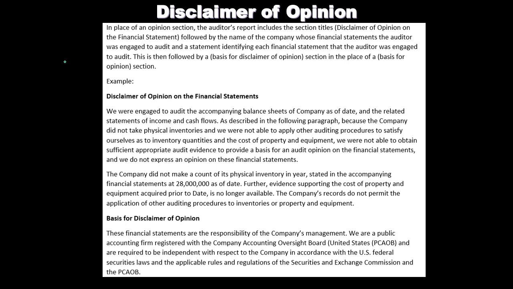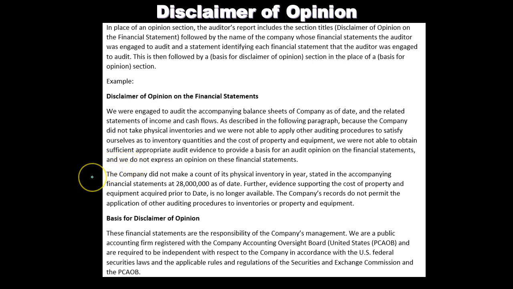As described in the following paragraph, because the company did not take physical inventory and we were not able to apply other auditing procedures to satisfy ourselves as to inventory quantities and the cost of property and equipment, we were not able to obtain sufficient appropriate audit evidence to provide a basis for an audit opinion on the financial statements, and we do not express an opinion on these financial statements. So notice we're just saying, we were engaged, we have this problem that happened, and we're not able to give an opinion on the financial statements because of it.